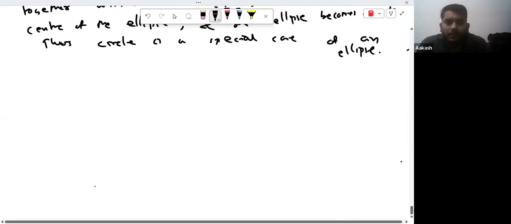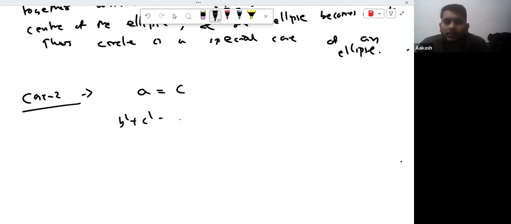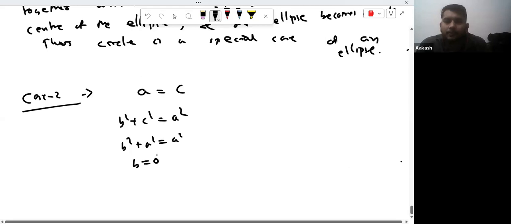Next one is case 2. If A becomes C, that is, A is equal to C, we have b square plus c square equals a square, so we can write b square plus a square equals a square. So B becomes 0.